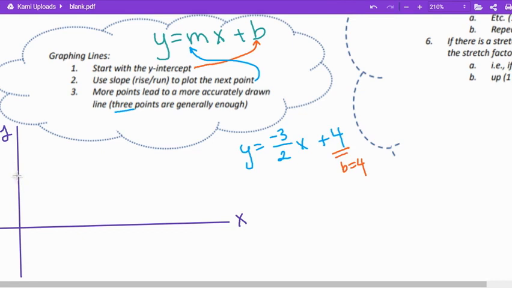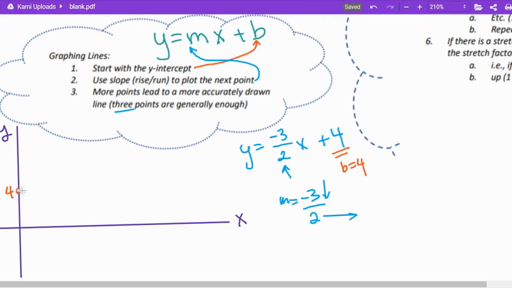So we draw a point on the y-axis at +4. Then we're going to take the slope. In this case, slope is -3 over 2. And that's saying the rise is telling us to go down 3. The run tells us to go across 2.